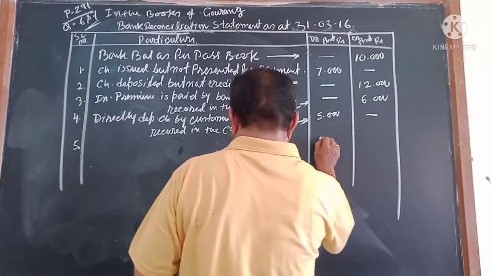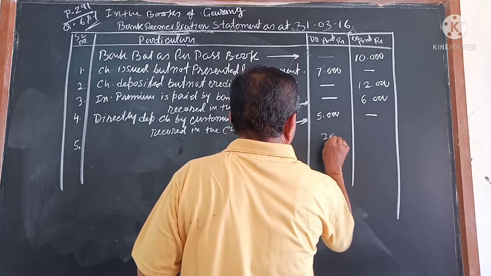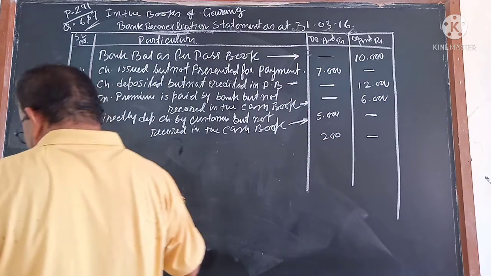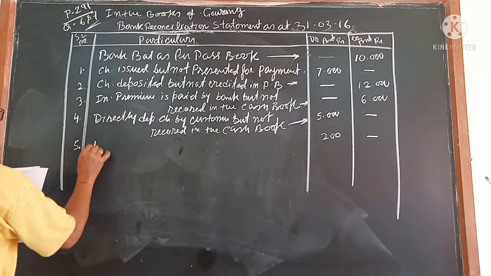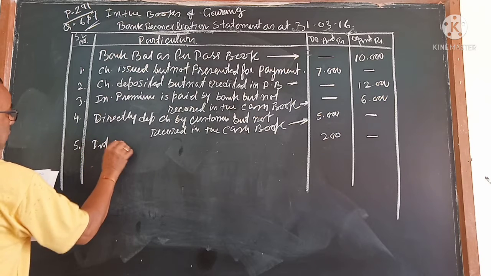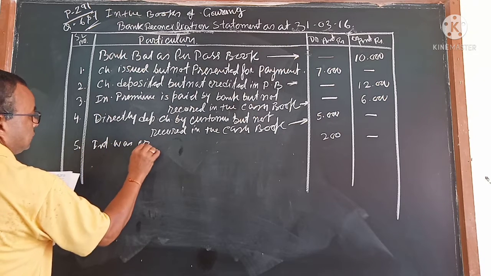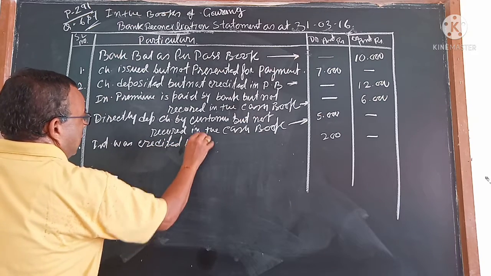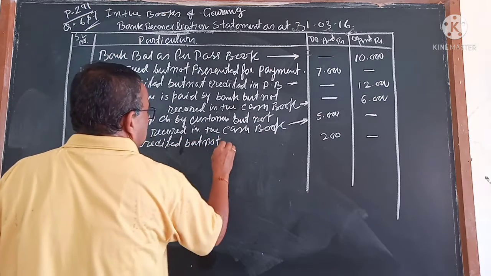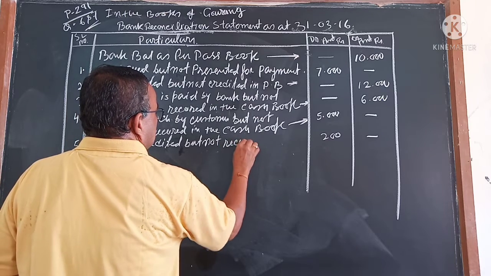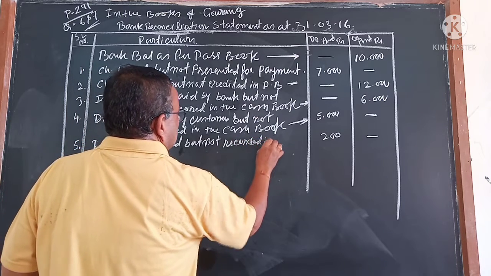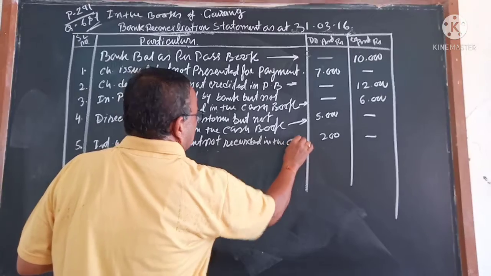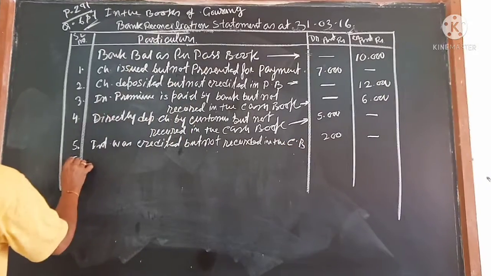Number 5: how much? 200. What for? Interest. Interest was credited but not recorded in the cash book. Number 6.